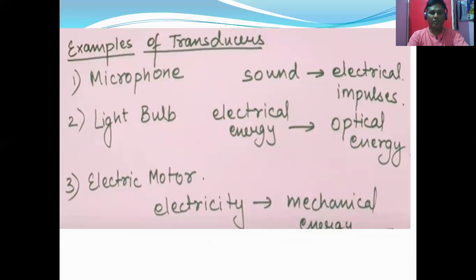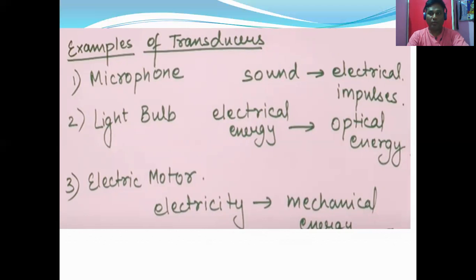Let us consider some examples of transistors. The first one is the microphone. What is the conversion of a microphone? Sound is converted to electrical impulse. Let us consider the second example, a light bulb. Electrical energy is converted to optical energy. The third example of a transistor is the electric motor.